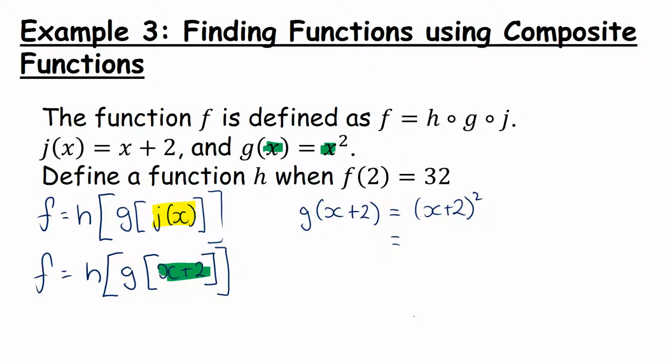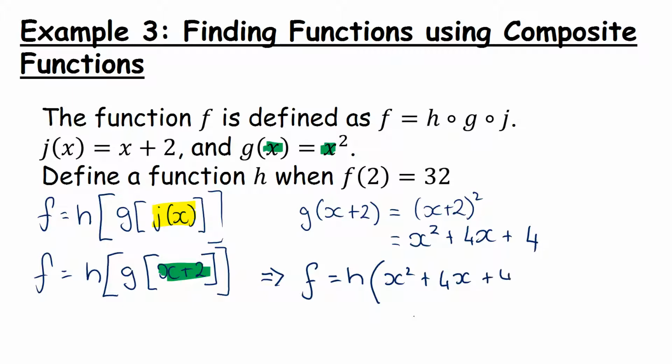I'm going to use the shortcut here. So it's square the first, twice the first by the second, and square the second. So sorry, that should be plus 4. Okay, so we're going to put that back in. So over here now, f is equal to h of x squared plus 4x plus 4. Okay.